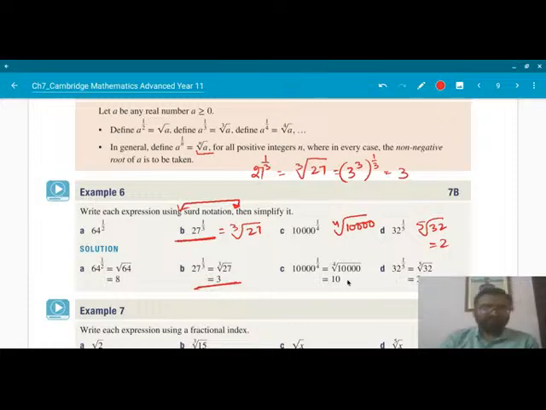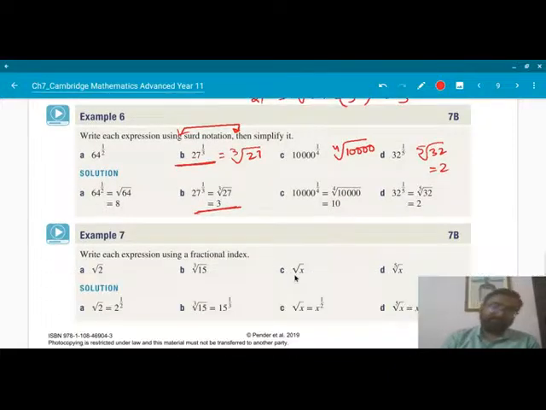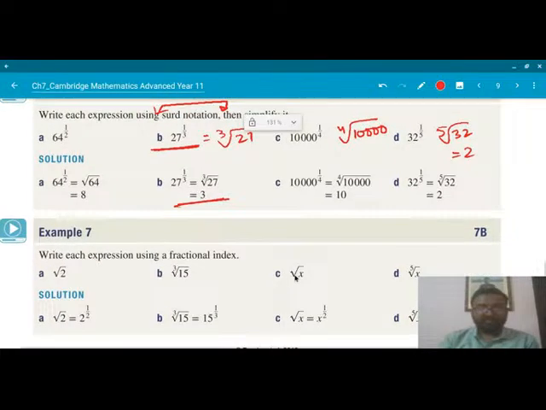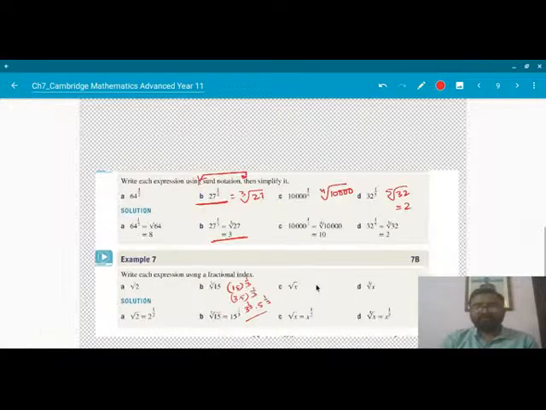And here in the roots, their product is also there. It is 15 power 1 by 3. But 15 is 3 into 5, so power 1 by 3 becomes 3 power 1 by 3 into 5 power 1 by 3. Both are important. The rest of the examples are the same.